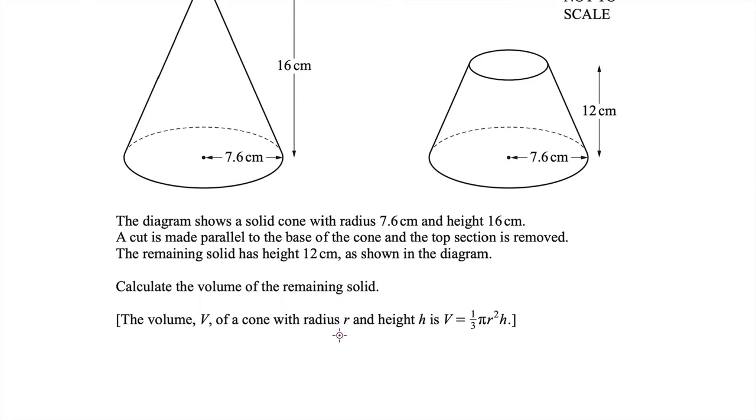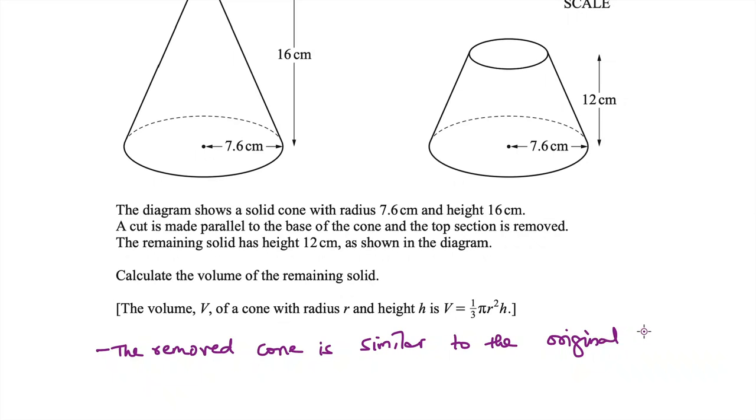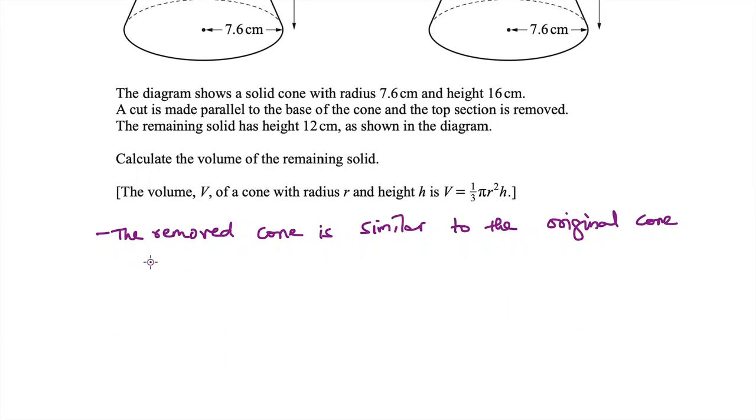Okay, so we can see that the cut solid, the removed cone, is similar to the original cone. So for the original big cone, the height is 16 centimeters and the radius is 7.6 centimeters.